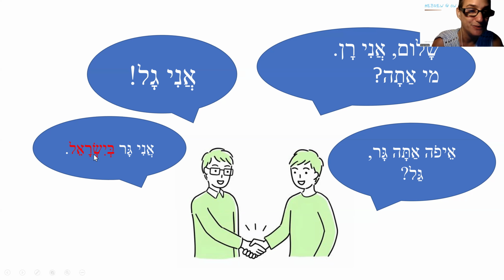And this is how you write Yisrael. It starts with a yud, you have your sin, you see an example of a sin with the dot on the top left, Israel. So I live in Israel.